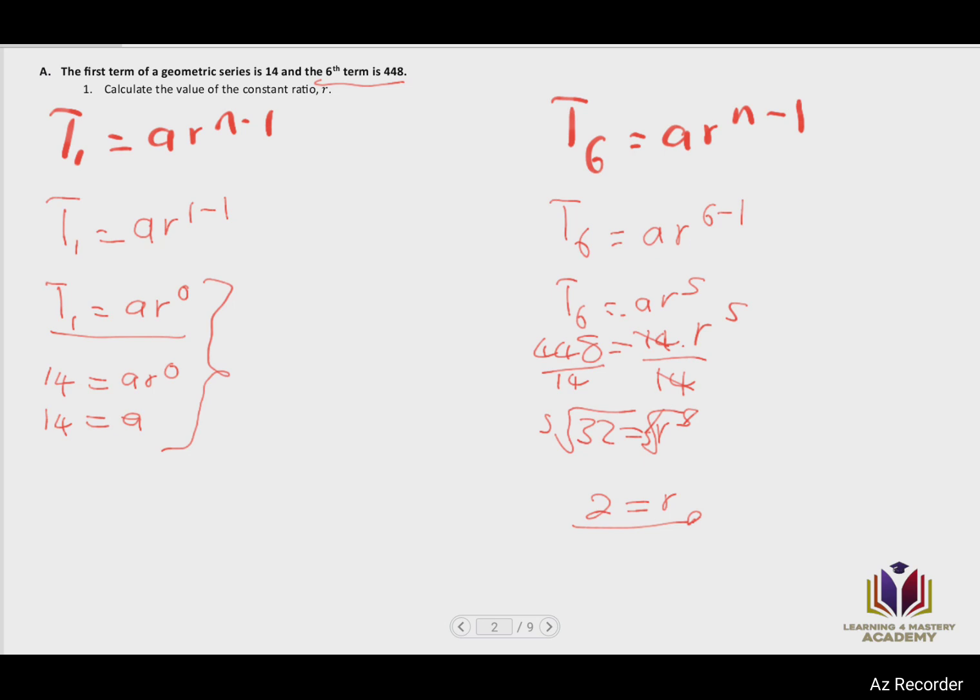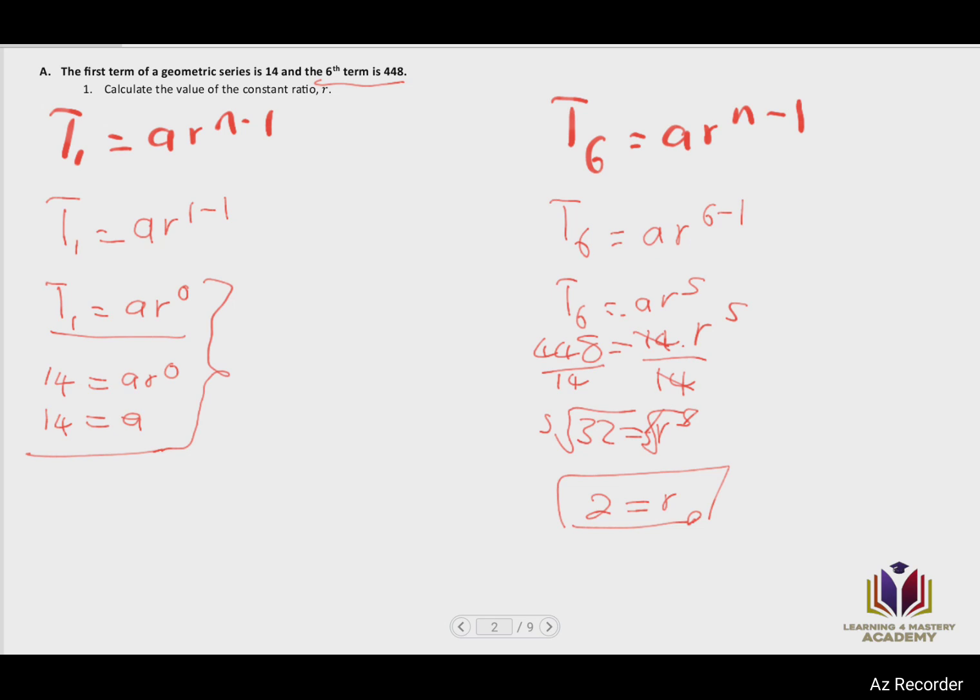It won't always be this simple, because in this case, they give us the first term, which made it a lot easier because we could take the 14 and put it in the equation for T6, which simplified everything because then it left us with one unknown, which is r. And that's how we could solve for the value of r, which is 2. Like I said, sometimes it's going to be a bit more difficult than that.